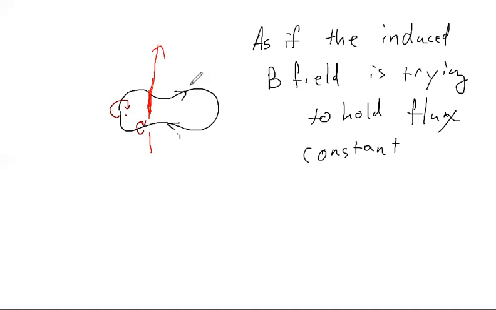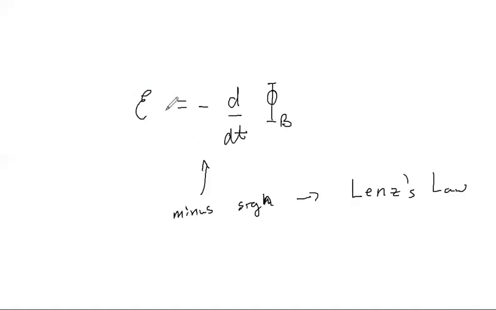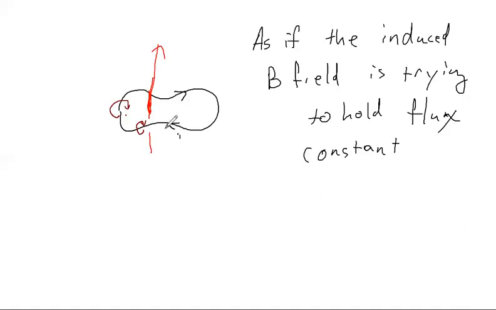Of course, the current in the wire may not be there. Faraday's law works for any curve, whether or not the wire is actually physically present. But mentally, the way I try to keep track of these minus signs is I imagine there's a real wire and there's a real current, and then that secondary current creates its own magnetic field, which opposes the change. And that's how I try to keep track of the minus signs.